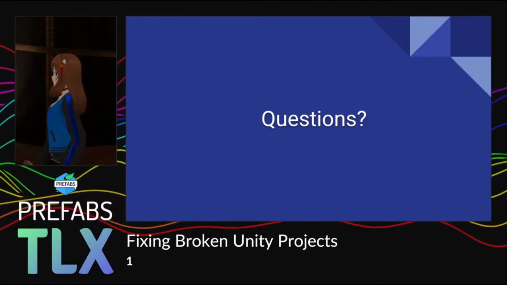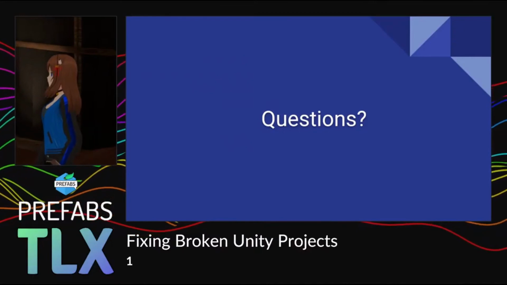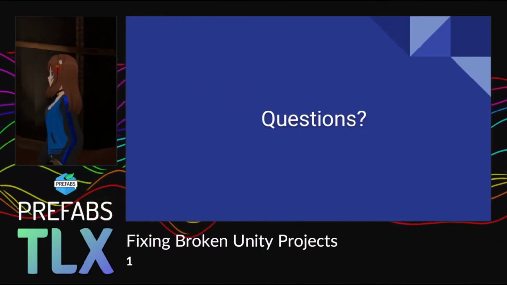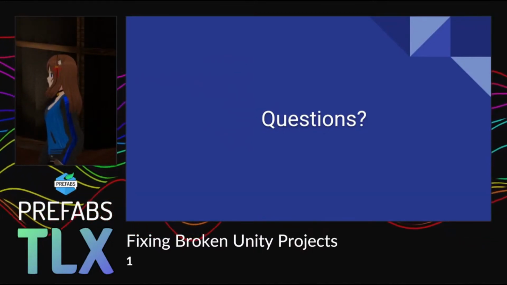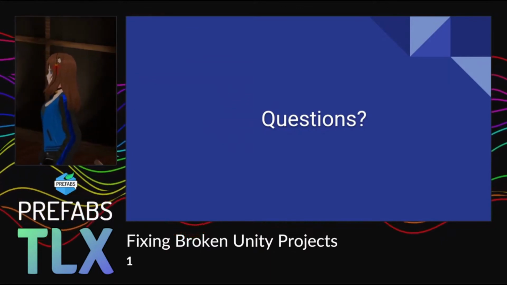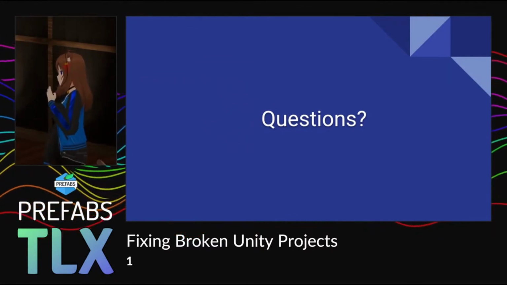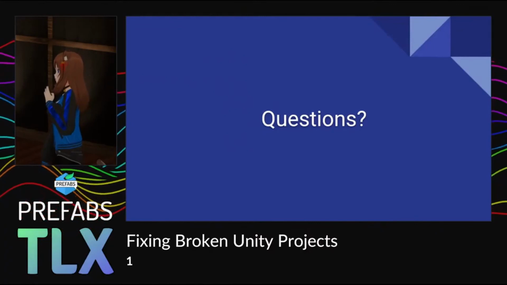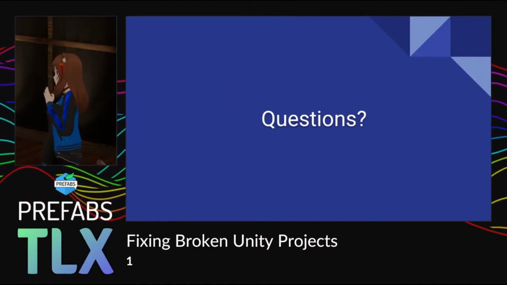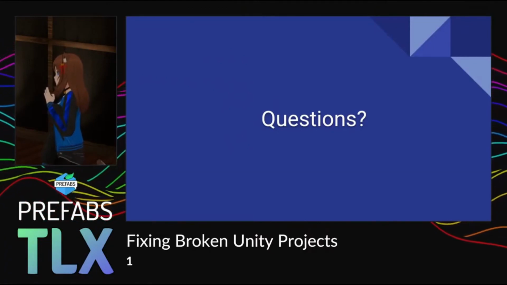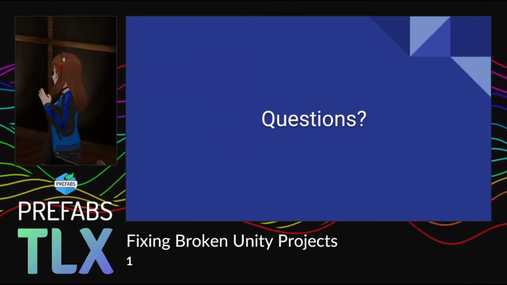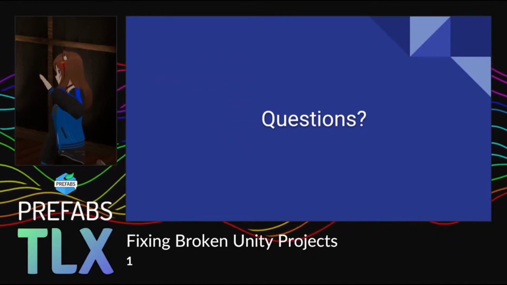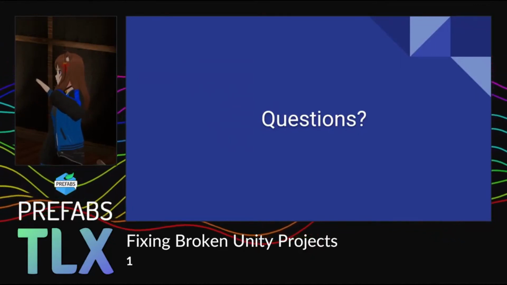Hi. Ruby, do you have a question? Yes. What do you think is the worst Unity default setting when it comes to breaking Unity projects? The worst default setting. Honestly, error pass is pretty on top, because that keeps coming up.